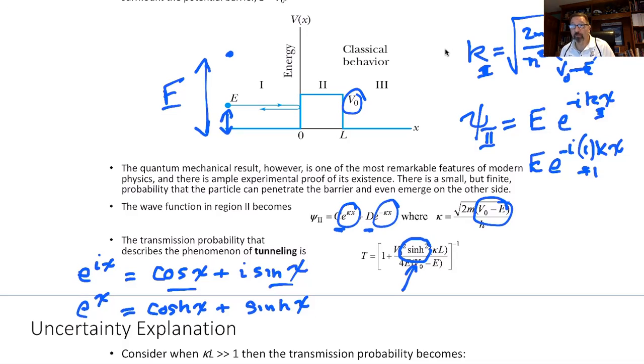The interesting thing, though, is it's not zero. That's the most bizarre physics aspect. You would expect classically, in the case where the total energy of the particle is less than the barrier, that the transmission coefficient should be zero. And yet this thing that you work through with that math that I kind of outlined a little bit, I set it up, but I didn't do any of the algebra.